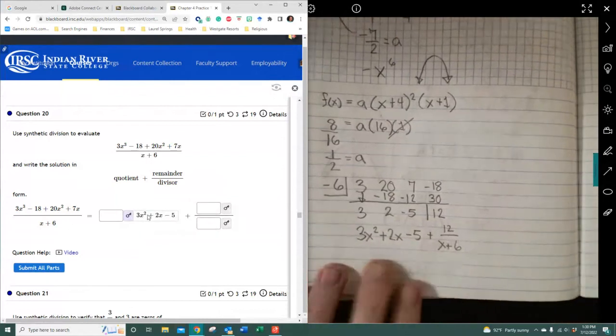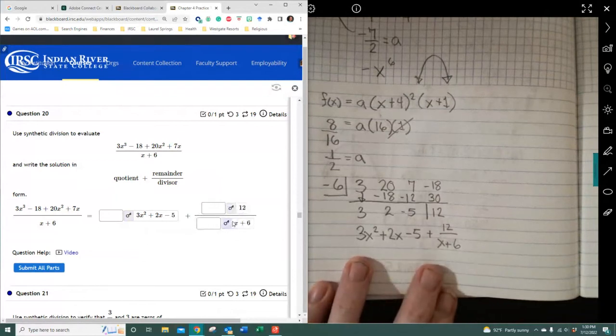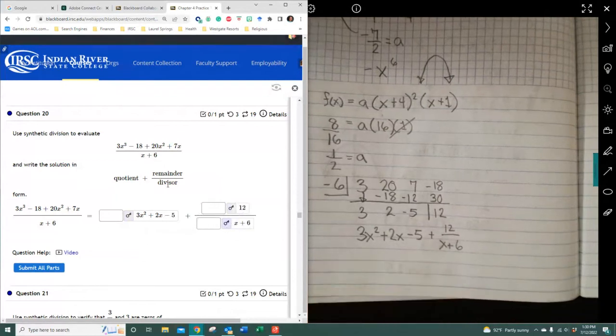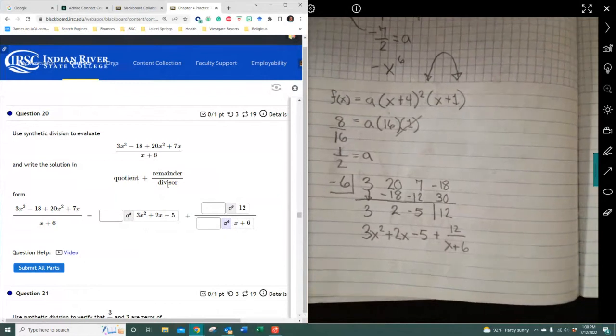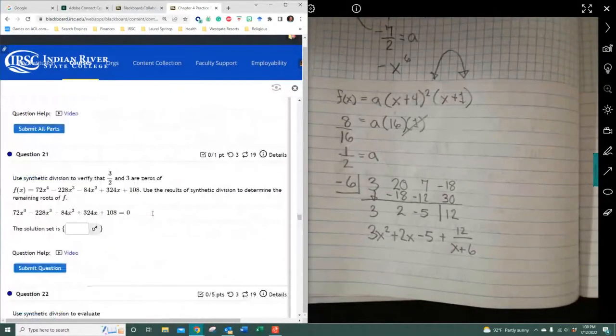So we're looking at that for our answer here, with a remainder of 12 over what we divided by, the divisor. All right, so that was pretty straightforward and easy, in my opinion.